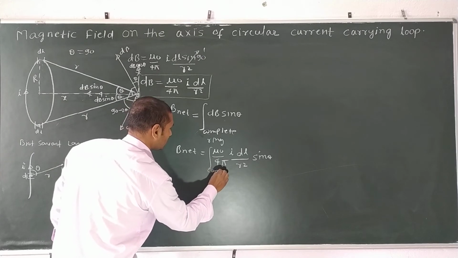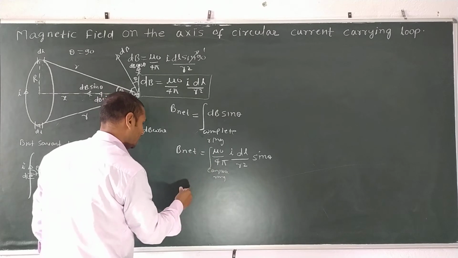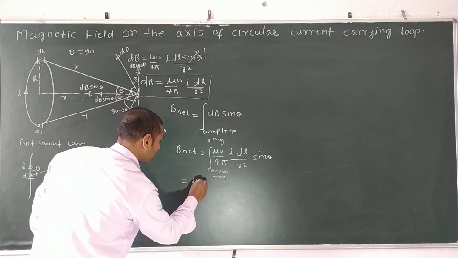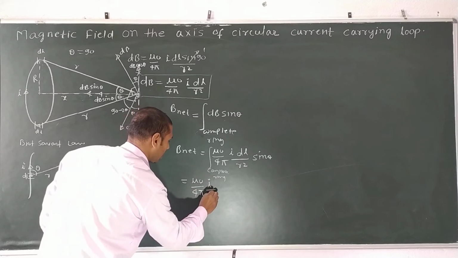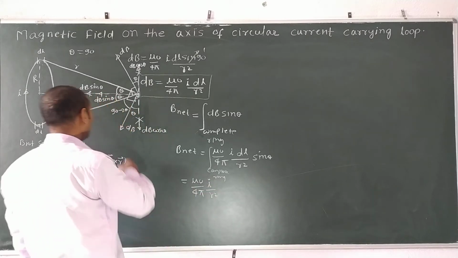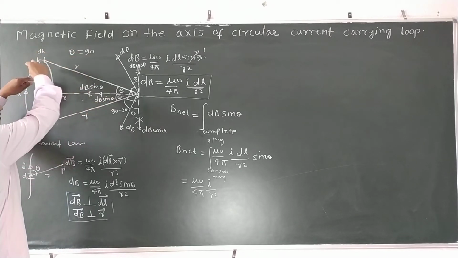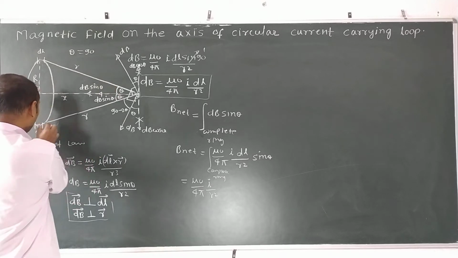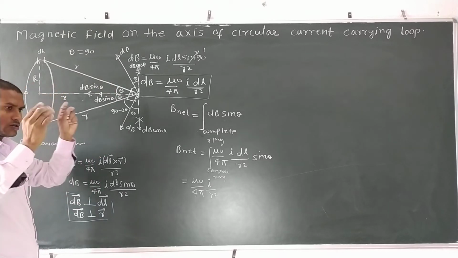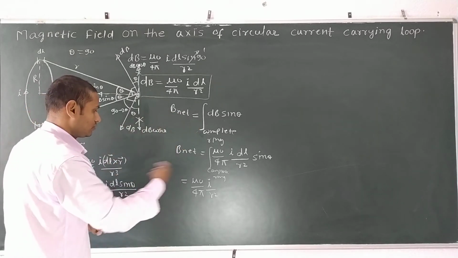For the complete ring, mu naught upon 4 pi will come out, I is constant so it comes out, r square is constant so it comes out. For the whole dl the r is constant, this one hypotenuse, so it will come out.